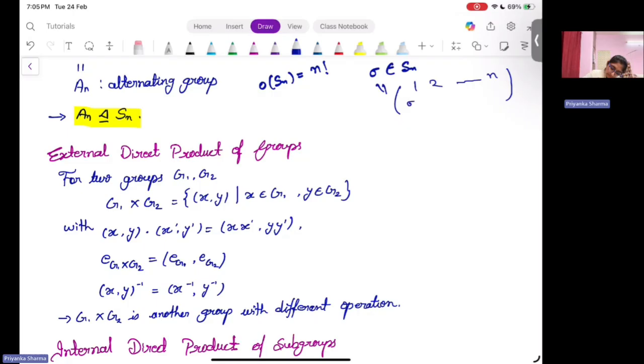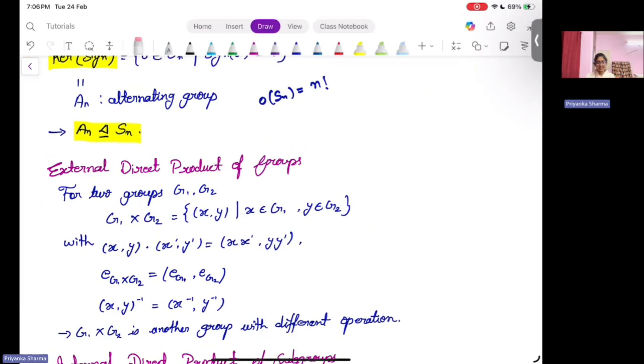So the sigma 1 and then sigma 2. Here we can have n choices, and here we can have n-1 choices, as we have to remove the image of 1 from the set of possibilities. And at last we will have a single choice. So the order of Sn is factorial n.